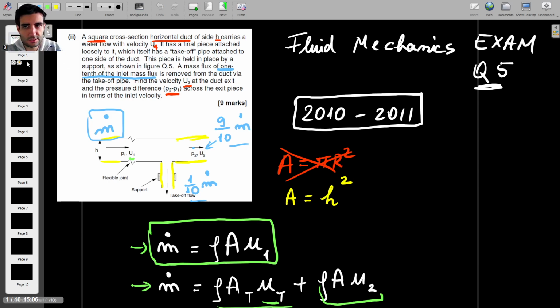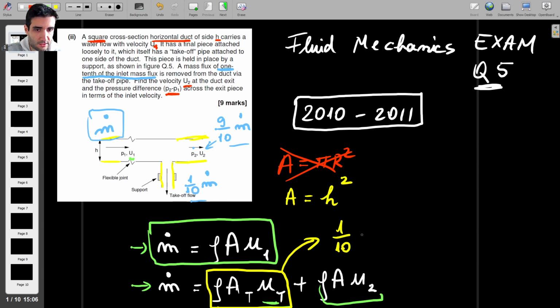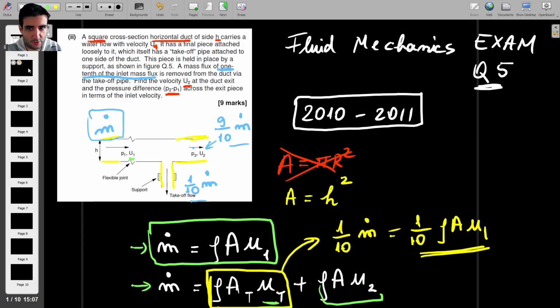Let's see how we can actually use this, because at this point, we don't know anything about this term. But what we do know is that this term is 1/10 of m dot, or 1/10 of rho A u1. So we're going to replace the whole thing with this, and this is what we'll get.